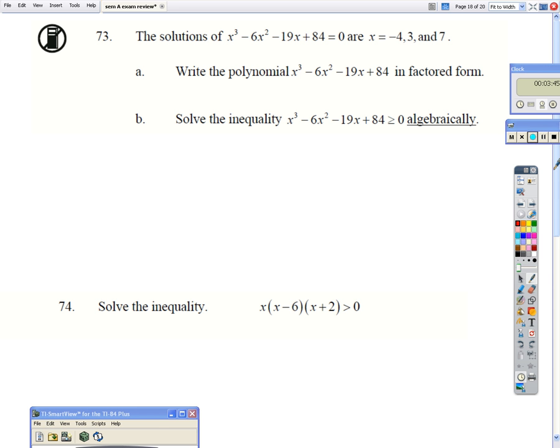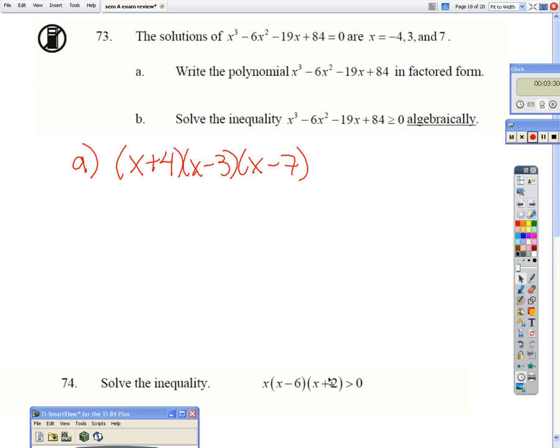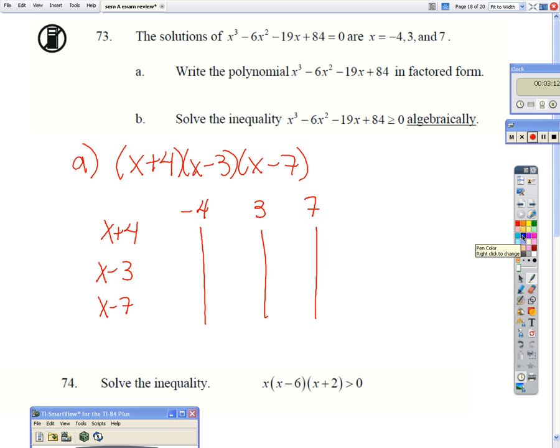Okay, we're going to do the same thing. So all my zeros, all my factors, a number less, a number in between.